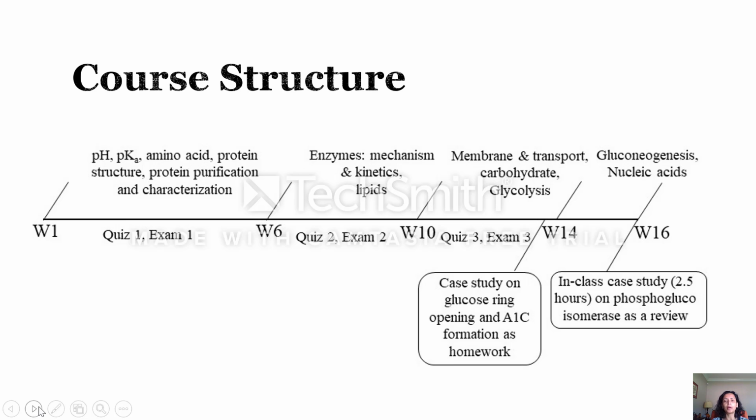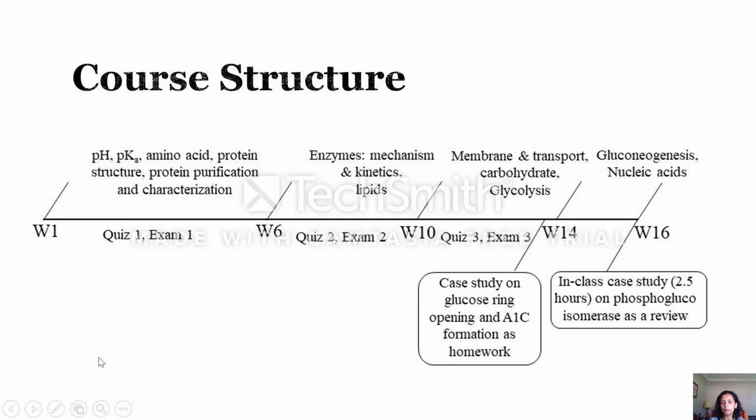And then we move from there to lipids, membrane and transport, carbohydrate, part of glycolysis, which is covered by exam 3 and quiz 3. And then we finalize this with comparing glycolysis with gluconeogenesis and a very brief overview of nucleic acid.